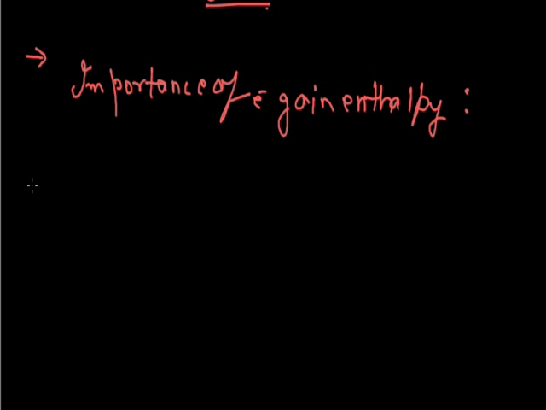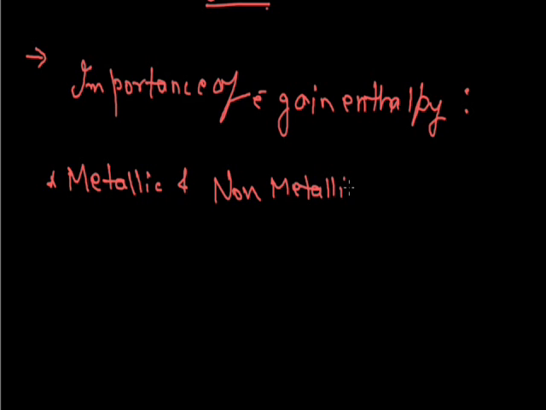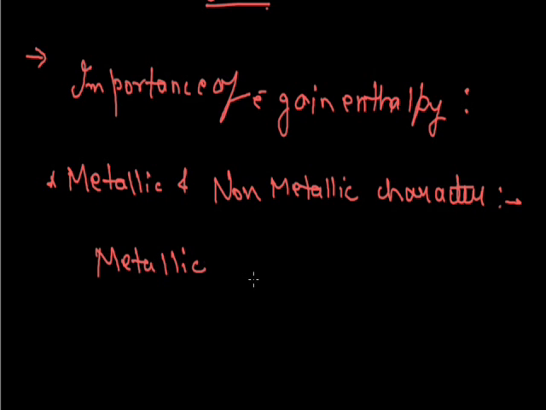First I will discuss metallic and non-metallic character. Metallic character is nothing but the tendency to lose the electron, and non-metallic character refers to the tendency to gain the electron.